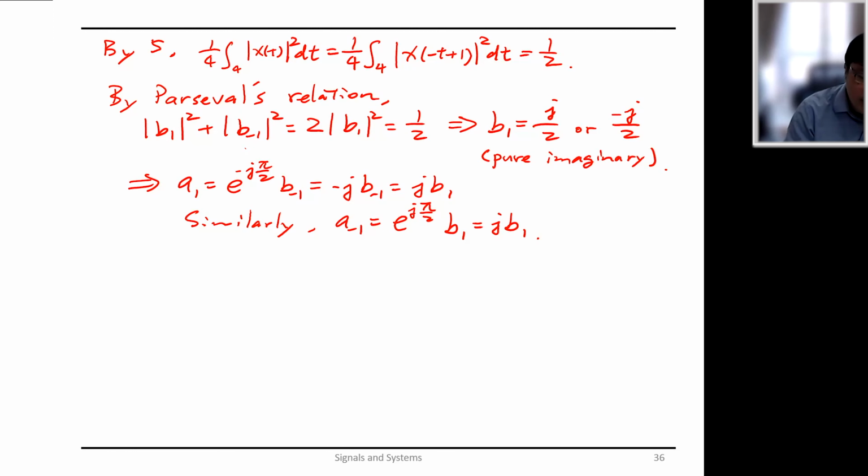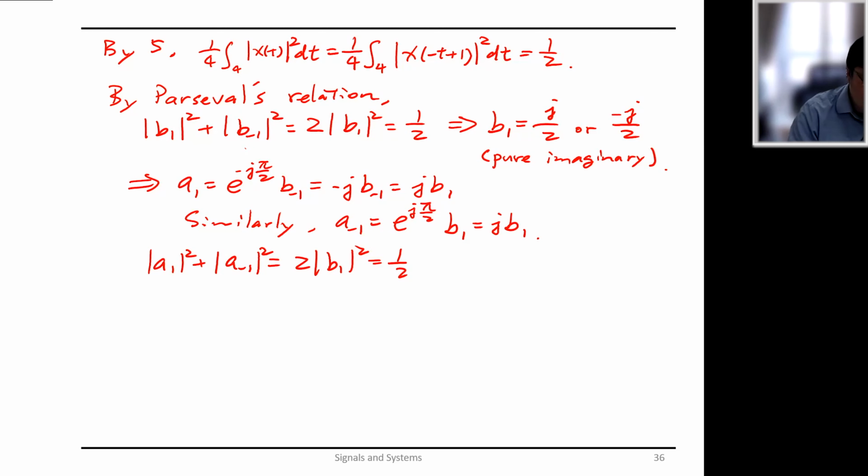So we know that a1 squared plus a minus 1 squared should be equal to 2 times b1 squared, right? So we're substituting these inside. We know that this is equal to 2 times b1 squared, which is equal to 1/2 by the above.